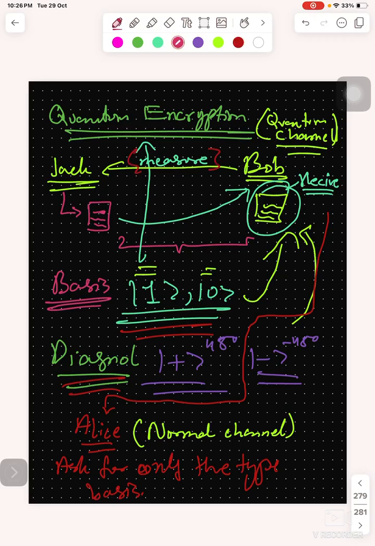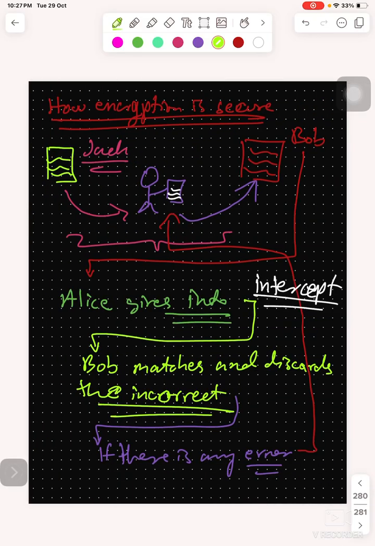He will cross check, and he will discard the waste and only look for the correct qubits.